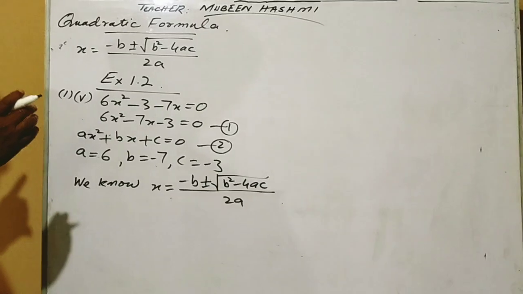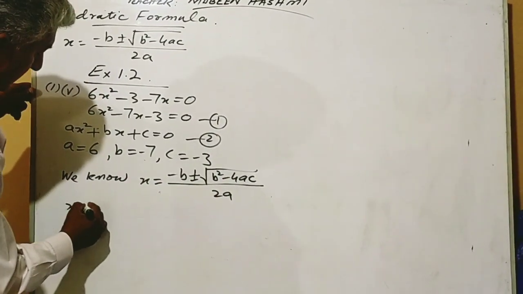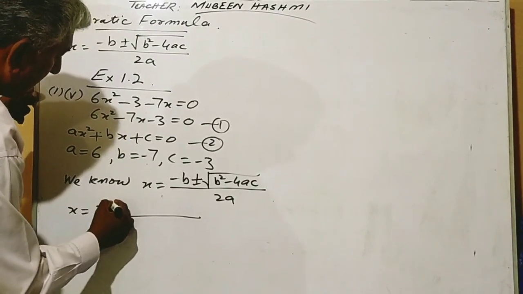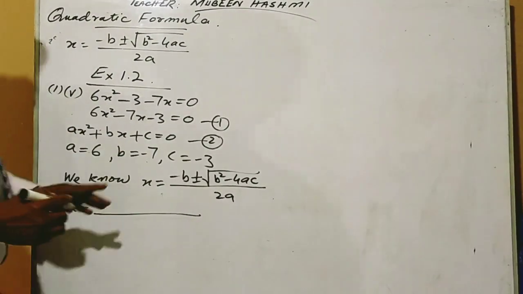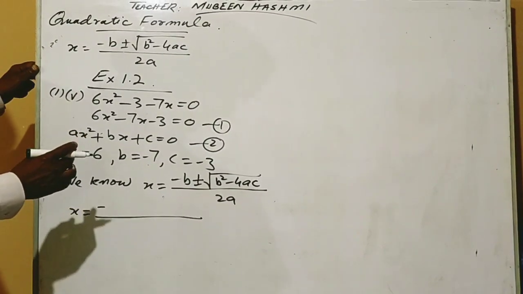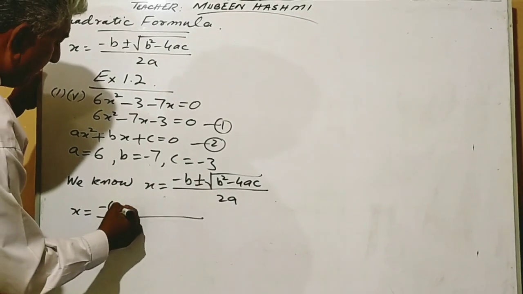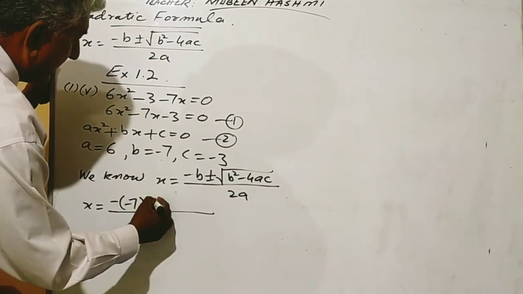Now you should put the values of a, b, c in this formula. When you are putting the values of a, b, c, my dear, you should write the value in brackets so that there is no confusion about the signs.